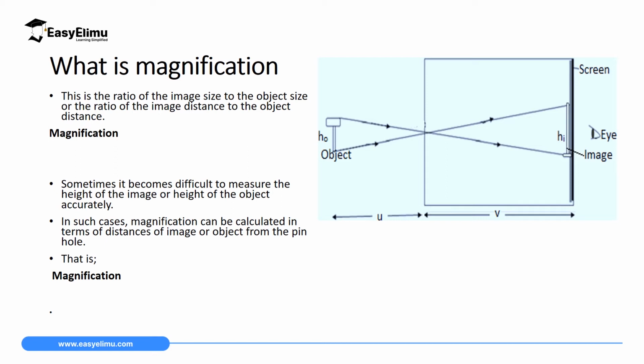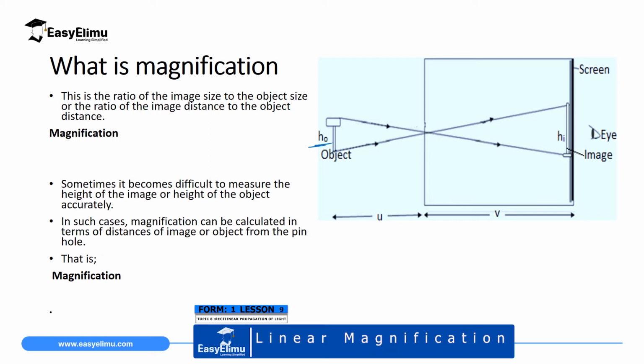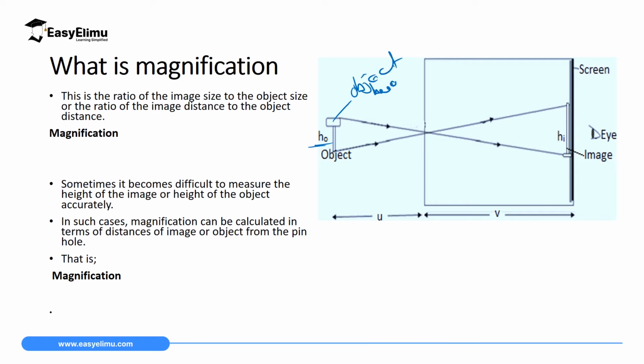Before we define magnification, let's consider a pinhole camera in which an object of object height HO, this is the object height or the object size, is placed in front of a pinhole camera at some distance U, which we call the object distance.